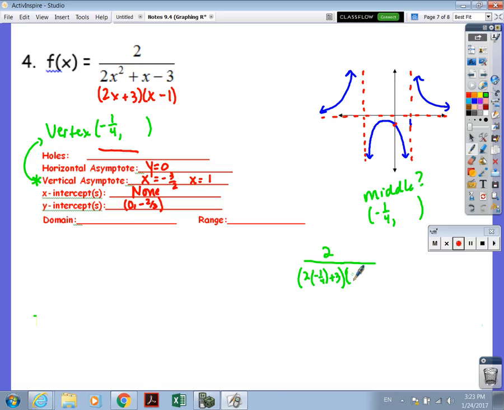And then x, so negative 1/4 minus 1. I'm plugging it into this factored version. You're going to end up getting negative 16 over 25. So not the prettiest number. I'll help with arithmetic there. And that's telling me that negative 16/25 is that highest y value. So that's all the parts, and then we'll pause and do domain and range.